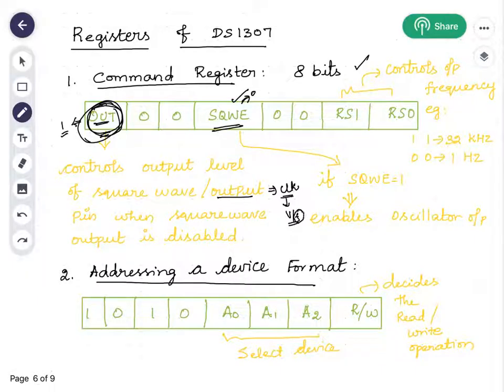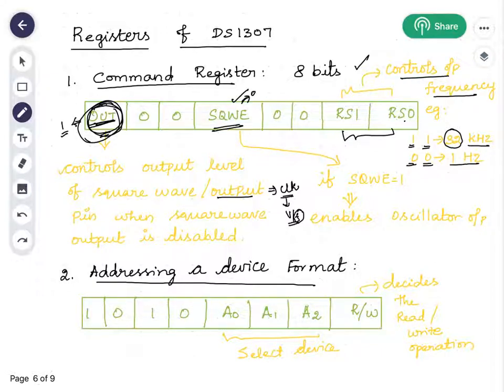For setting the frequency, the two LSBs RS1 and RS0 are used. This will control the output frequency of the output pin. If RS1 and RS0 are 1, then the frequency will be 32 kHz. If RS1 and RS0 are 0, then the frequency will be 1 Hz.